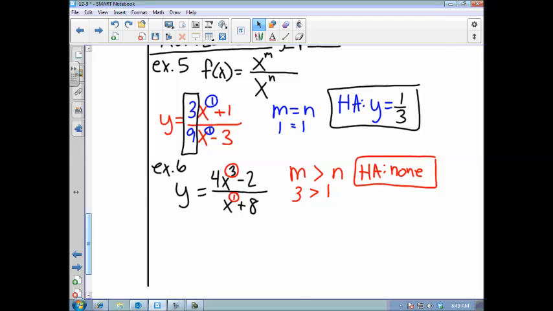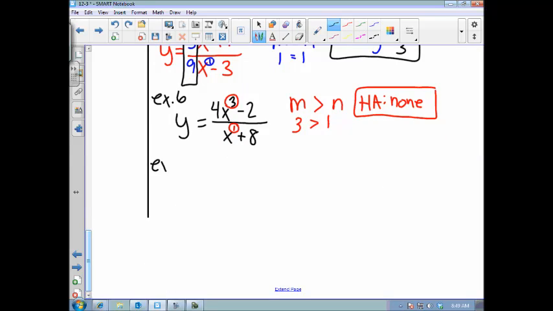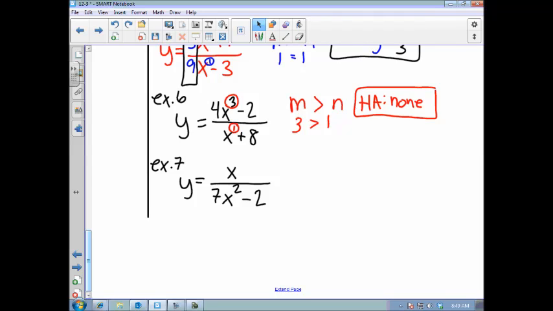And the last scenario would be, which one am I missing? I've done when they're equal, I've done when Mexico is greater than Nicaragua. Nicaragua is greater than Mexico. So, y equals x over 7x squared minus 2. Okay, shout it out. What's the power of the numerator? Mexico. 1. Good. What's the power of the denominator?